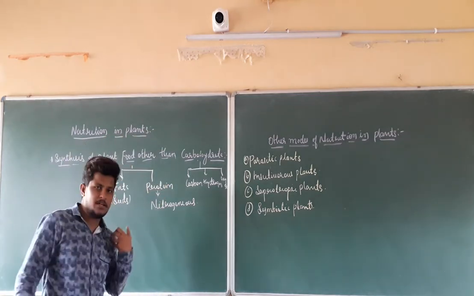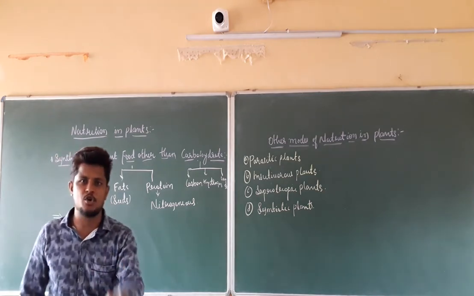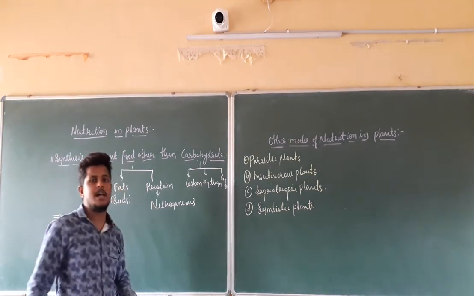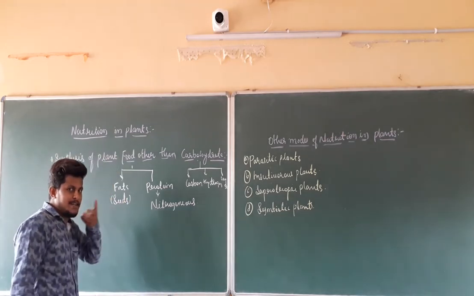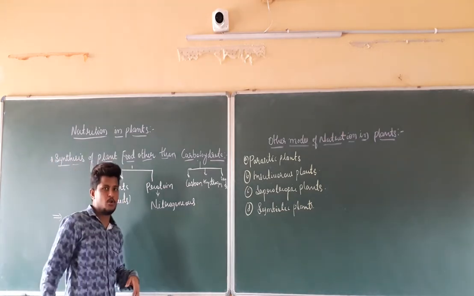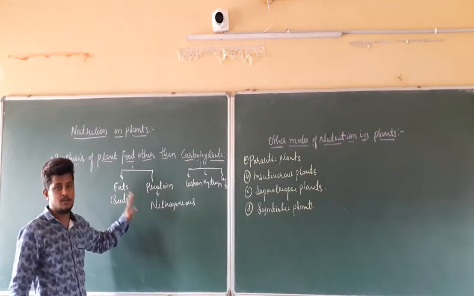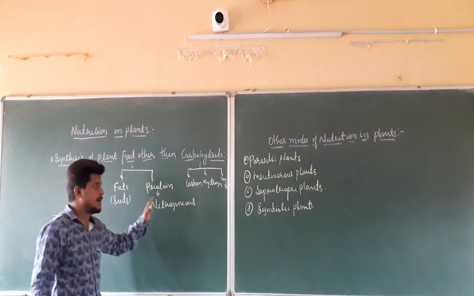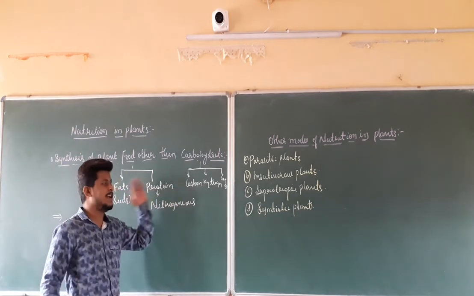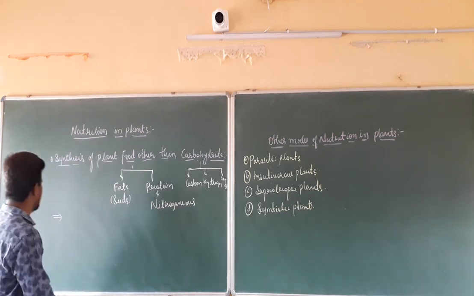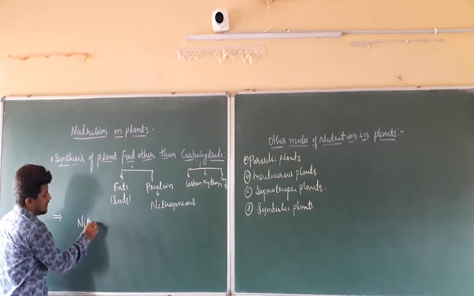By the bacteria present in the soil, which convert the nitrogen into nitrates. Those nitrates are absorbed by the roots. The vessels then supply the nitrates to all other body parts of the plant. When they are supplied, the plant synthesizes the proteins along with its carbohydrates. So let us see that. First thing, nitrogen gas.